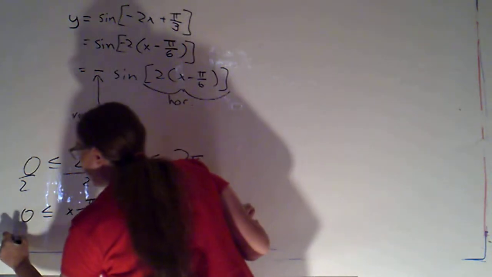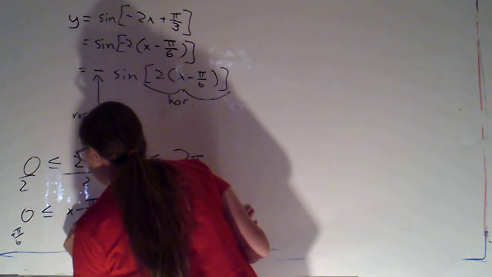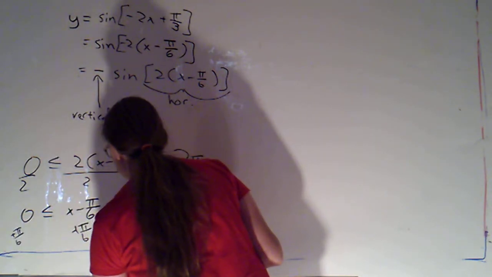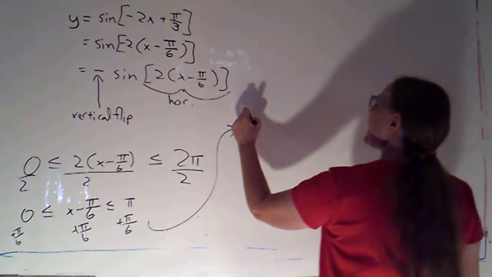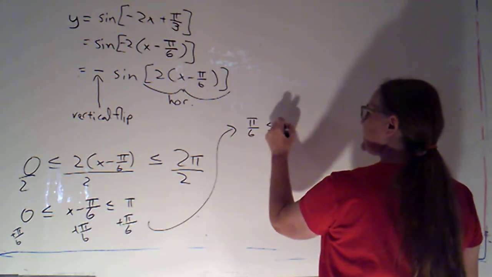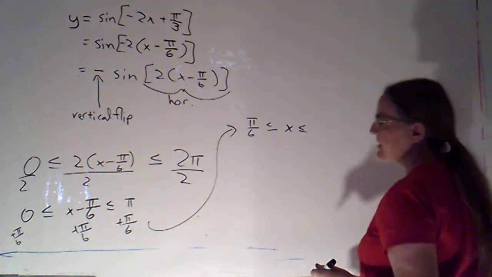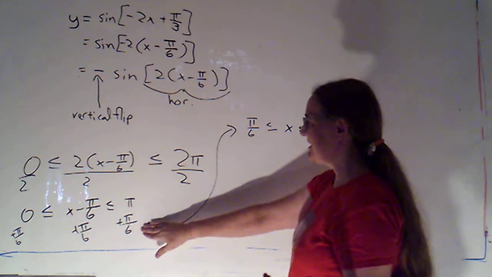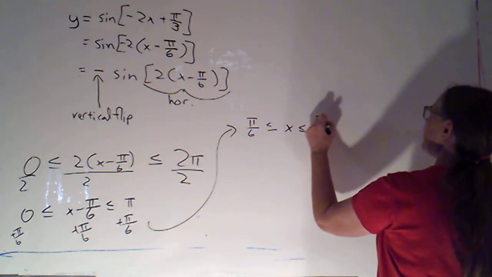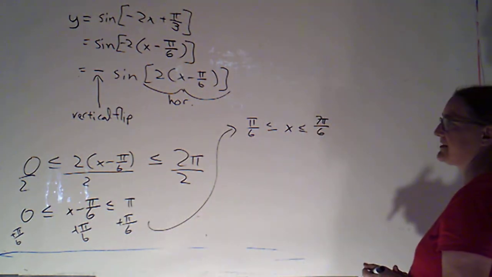And now we add our pi over 6. I'm going to just come over here to write that out. I'm going to have pi over 6 less than or equal to x, less than or equal to pi, which would be 6 pi over 6, plus pi over 6 is 7 pi over 6.